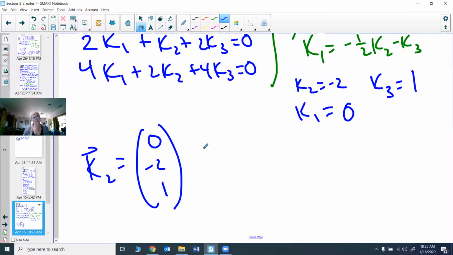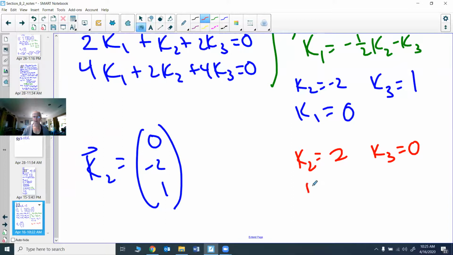Well, the interesting thing about this is, could I have picked something totally different for K2 and K3? In fact, I could have. I could have instead picked K2 equal to, let's say, again, I don't like having fractions, so I'll pick 2 this time instead of -2. And maybe this time I'm going to pick K3 to be 0.